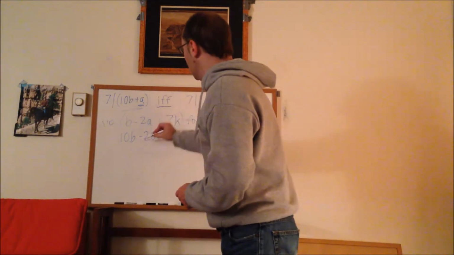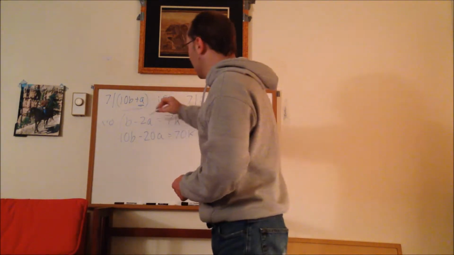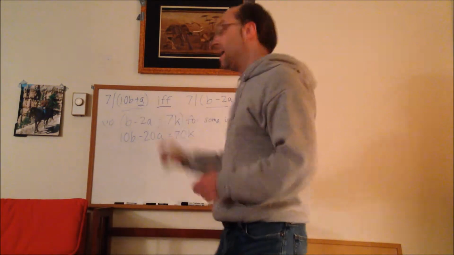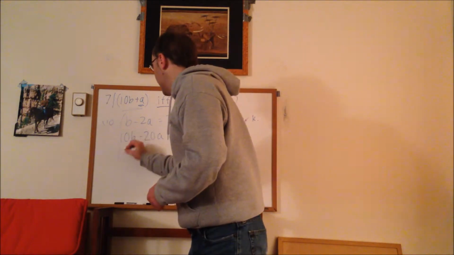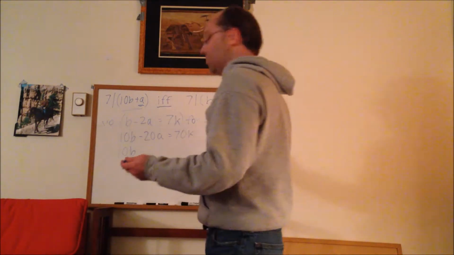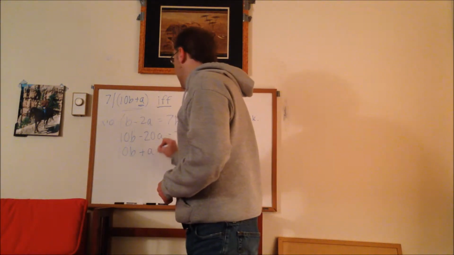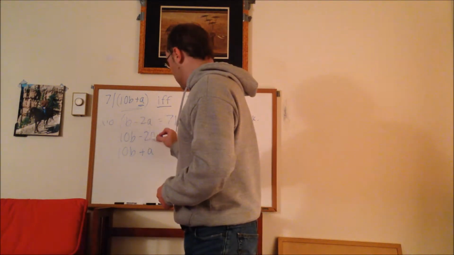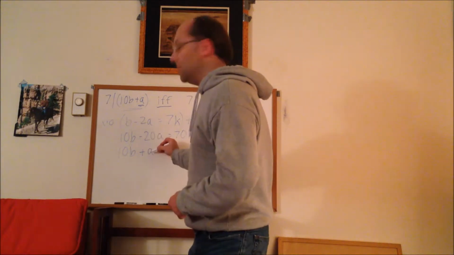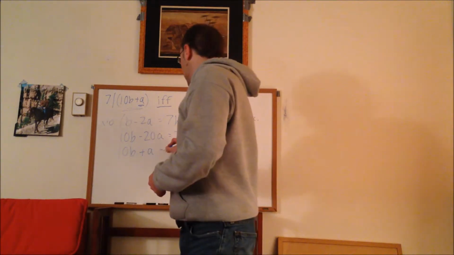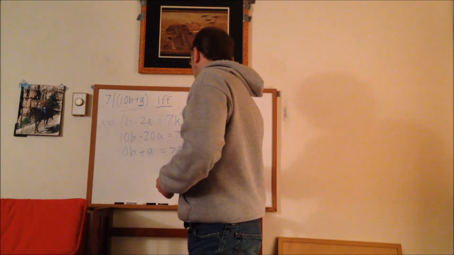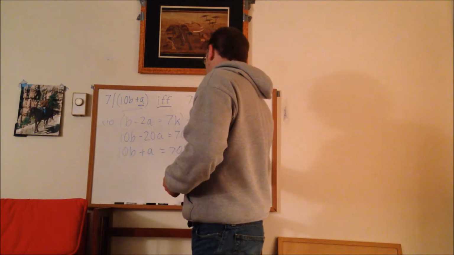Now, all we need to do is get this minus 20a looking like just a. So what we're going to do is add 21a to both sides, and you go from minus 20a to just 1a, so that's 70k plus 21a. We just added 21a to both sides.